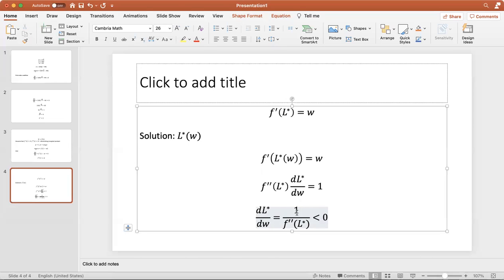So holding everything else constant, an increase in wage rates will reduce the amount of labor that you will be employing. That makes perfect sense, of course. So that's one example.